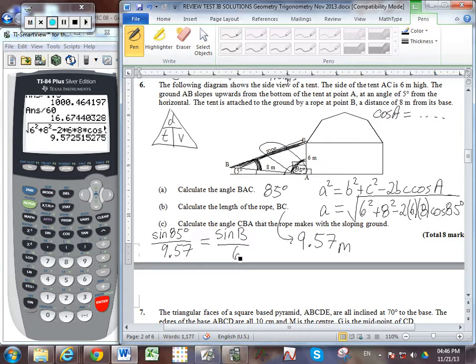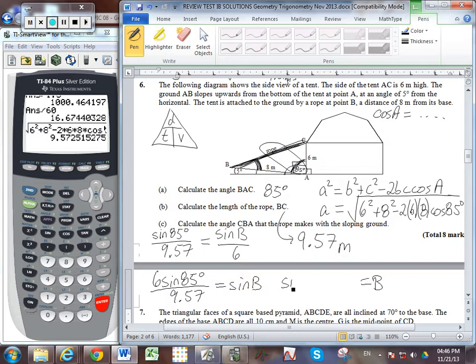So let's cross multiply then. 6 times the sine of 85 degrees, and then we'll divide both sides by 9.57 in order to isolate sine of B. To get B alone then, we've got to bring the sine across to the other side, and it will become a sine inverse of everything that I had just written. The sine inverse of 6 sine 85 over 9.57. Alright, let's see what angle B is equal to then.